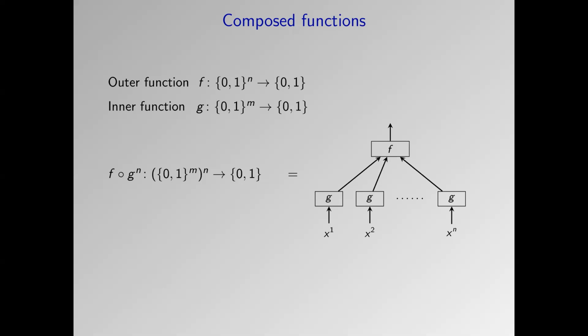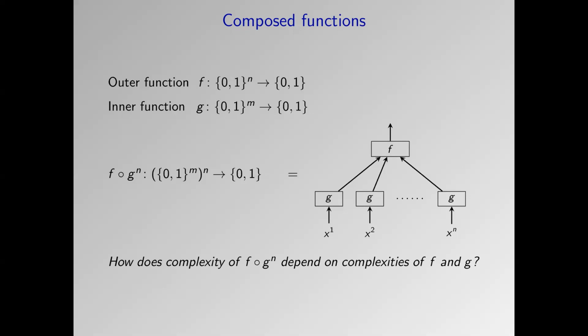And we're using superscripts here to index the components of this tuple, because previously we used subscripts for indexing individual bits. For example, x sub i was a bit, but here x super i is an m-bit string, which is the ith component of the input. And the composed function evaluates g on each of these components and takes the resulting n bits from all those evaluations and views those as an input to f.